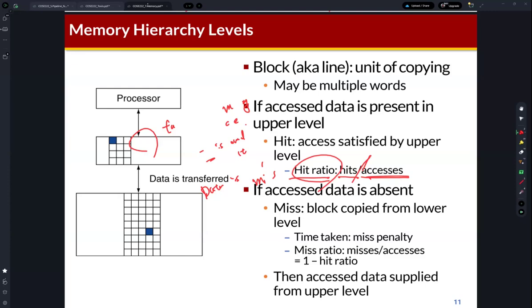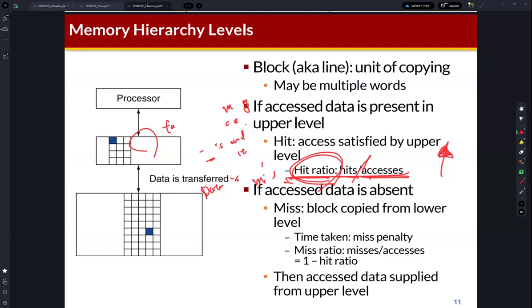So what does that mean? If the hit ratio is high, the required data are frequently found in the best memory, which means the performance can be higher, because more data can be found in the best memory.